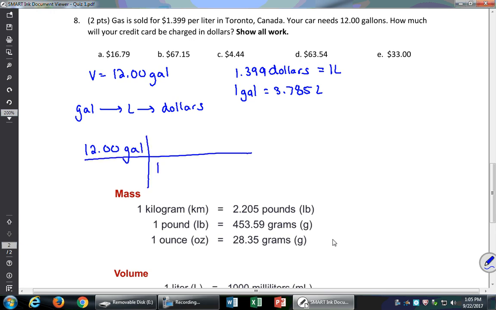I want my gallon at the bottom so it cancels out. And my relationship between gallon and liters is the one that I looked at. If I figured whatever that was out, I'd have my liters. So now I can use my relationship given to me here. 1 liter equals $1.399.